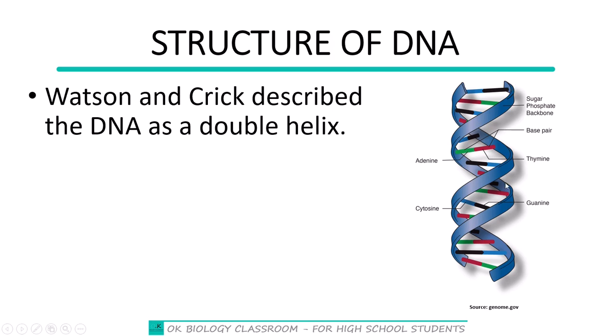So there are two different strands, this one and that one, two different strands that make up the DNA molecule. And remember that they have been twisted about each other. As you see it, they have been twisted about each other, and that is what gives them the helical shape. So Watson and Crick simply described them as the double helix, because of the way they have been twisted about each other and their look.